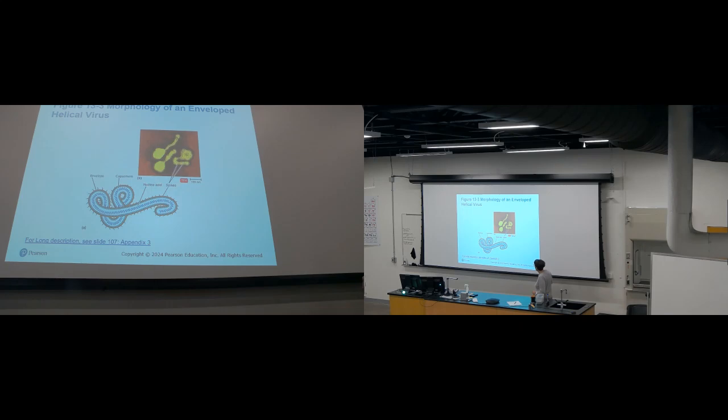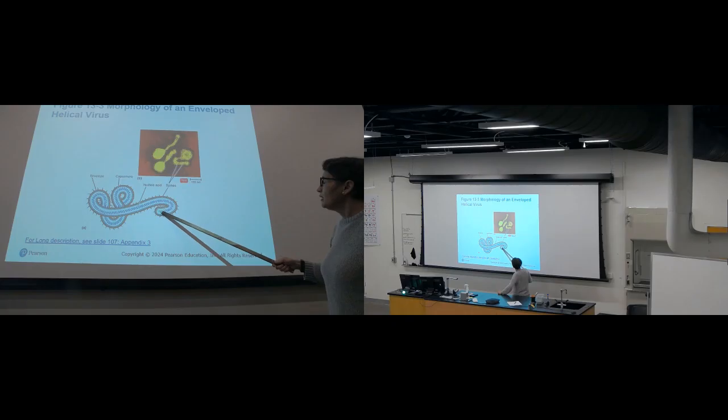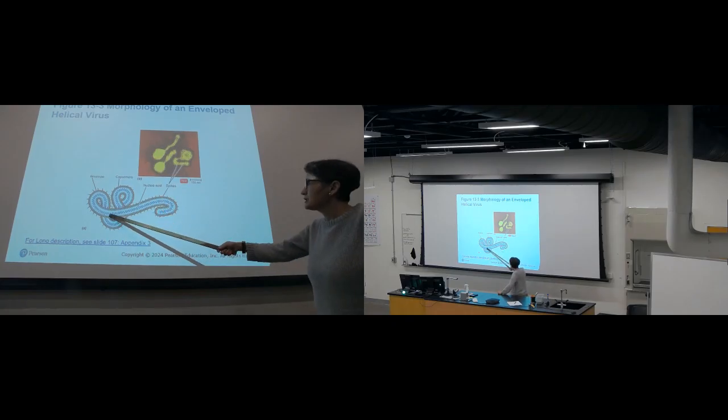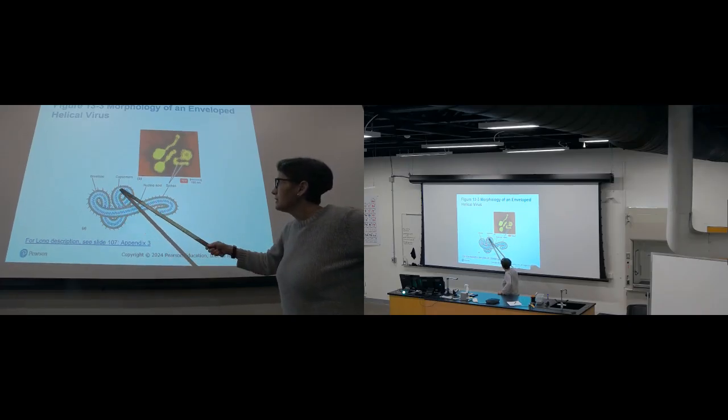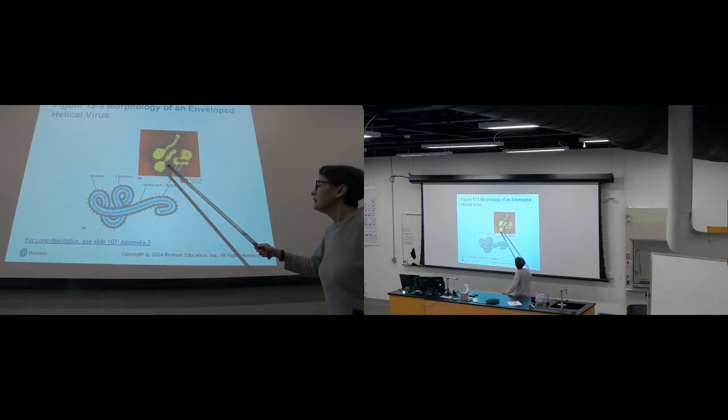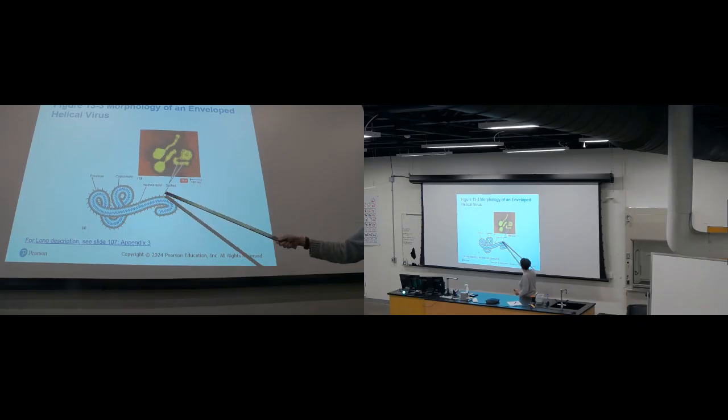Here we have another enveloped virus. In this case, this is helical. So you have the nucleic acid inside, and then the envelope protecting the virus outside of this capsomere. And then you can see the spikes in this TEM.